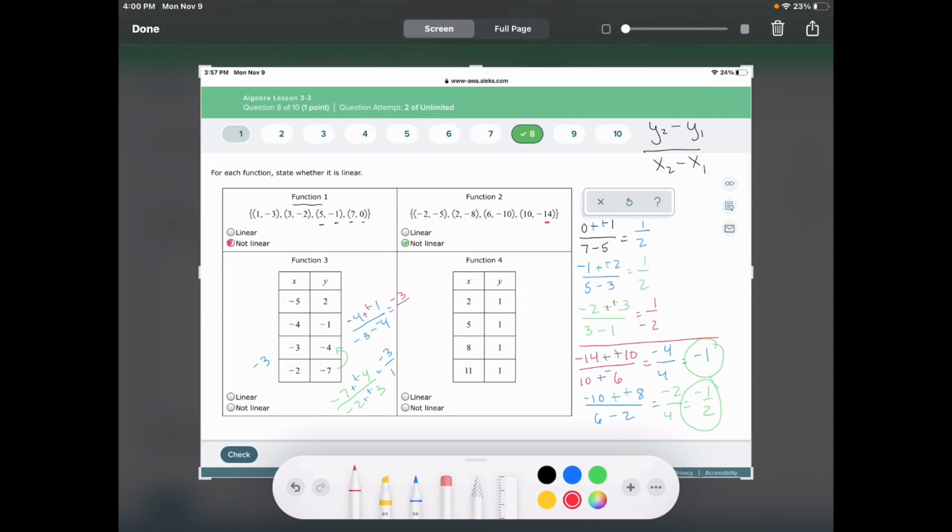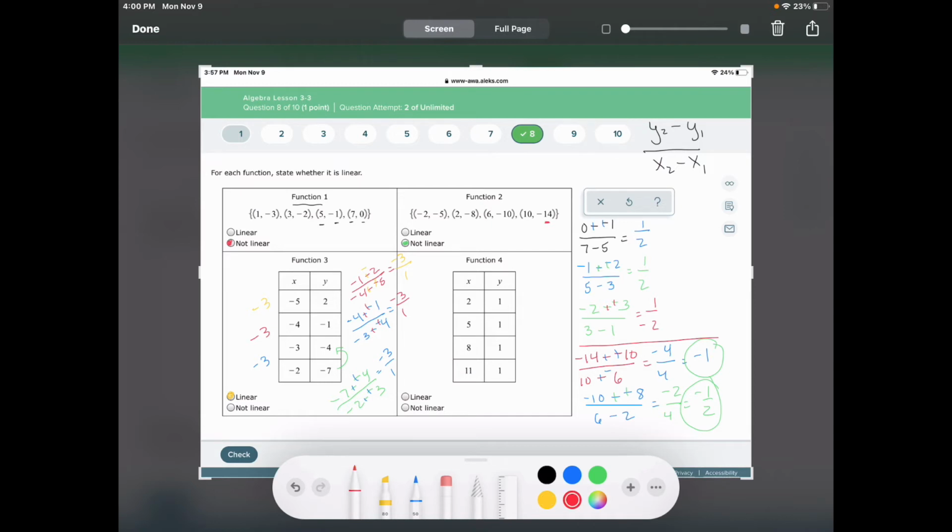Negative 3 over 1. It's looking hopeful. Negative 1 minus 2 over negative 4 minus negative 5. That would be negative 3 over 1, and that'd be negative 3. So I would say this one is linear. The slope is negative 3.